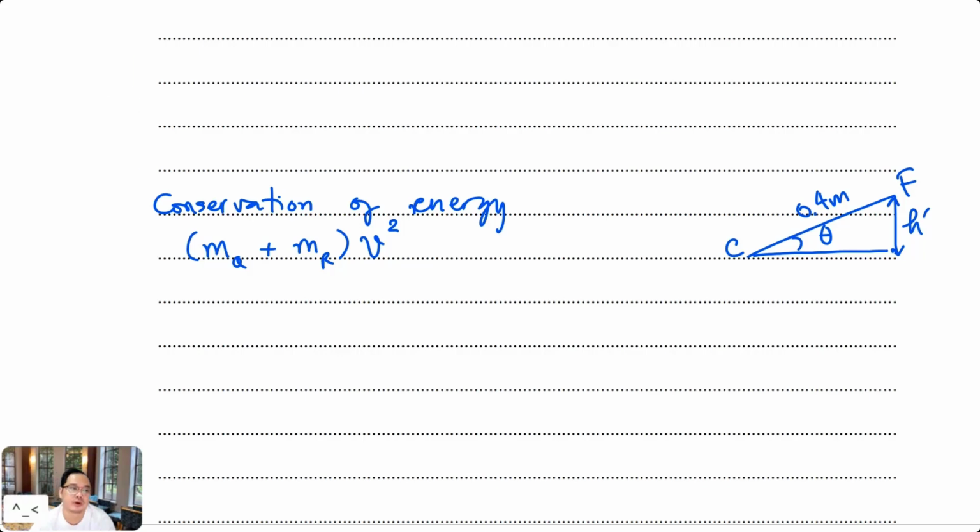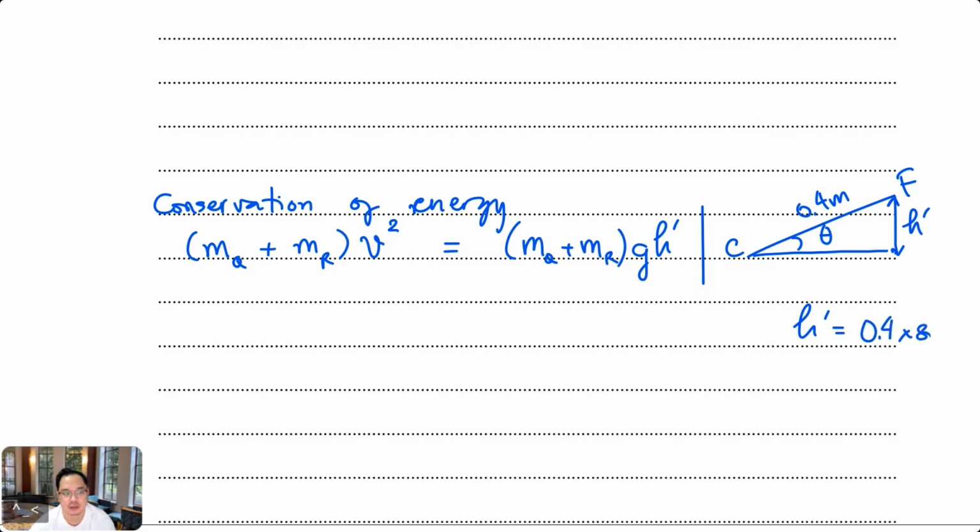This kinetic energy will be equal to the gravitational potential energy at F, which is the mass of the system, mQ plus mR, times g and times this new height. We can calculate the new height by trigonometry: the distance 0.4 meter multiplied by sine of the angle theta. We are asked to find the angle theta, so we need to find this height h dash using the conservation of energy equation here.